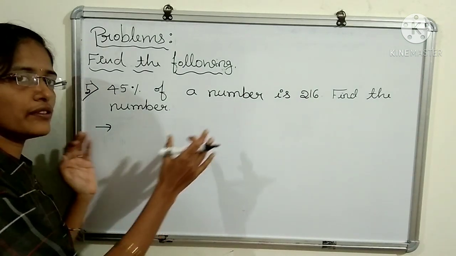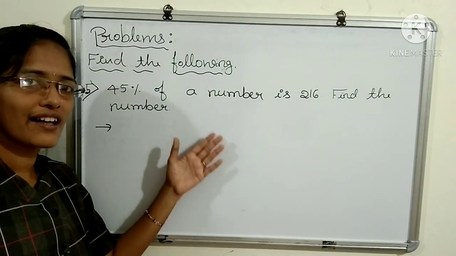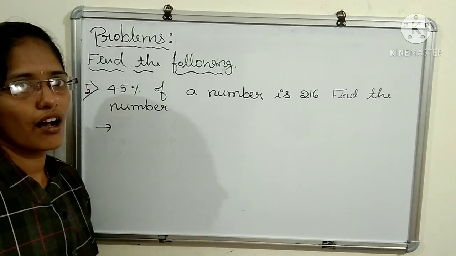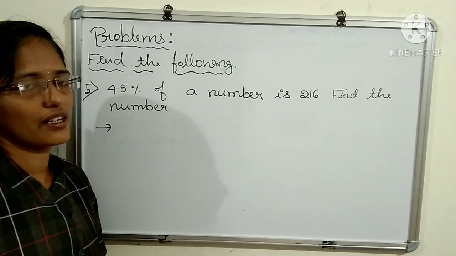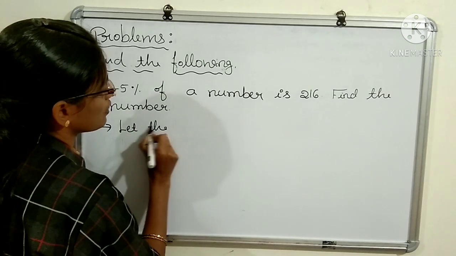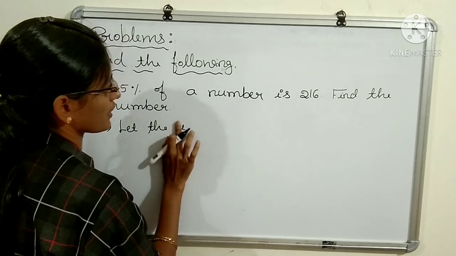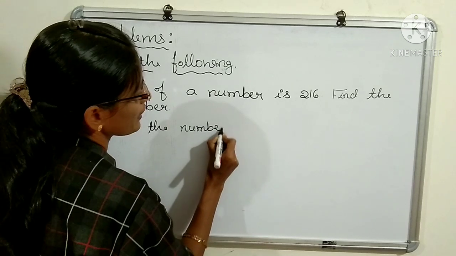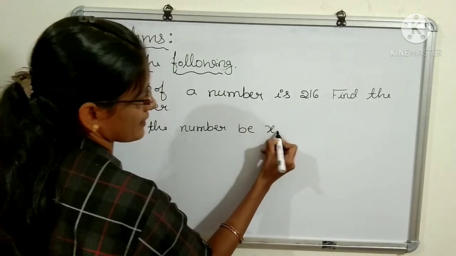You know that we will take the unknown quantity as a variable. As a variable you can choose any alphabet. Usually we use x. Let the number be x.